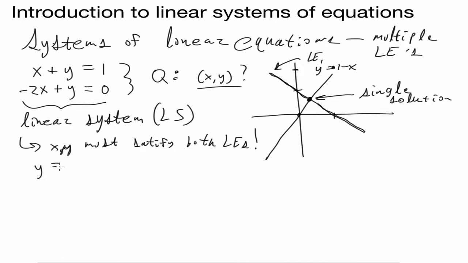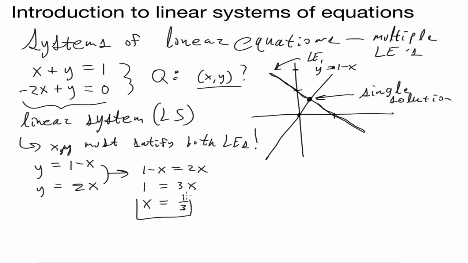Of course, we have y equals 1 minus x. We also have y equals positive 2x. Okay, so the y's have to equal, and that means these two have to equal as well. So we can have 1 minus x is equal to 2x, and that becomes 1 is equal to 3x, and that means that x is going to be equal to 1/3.